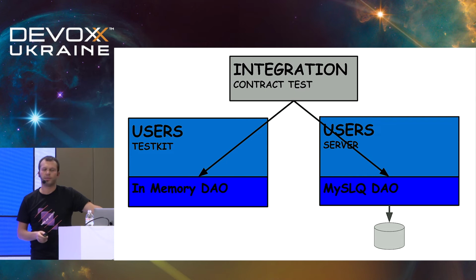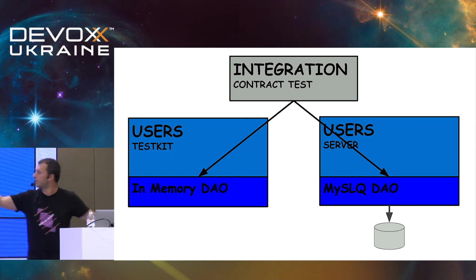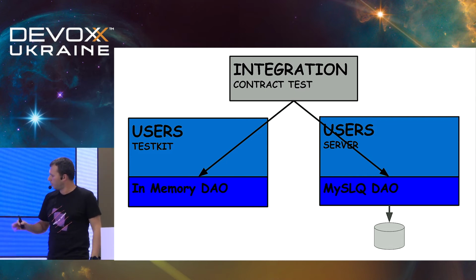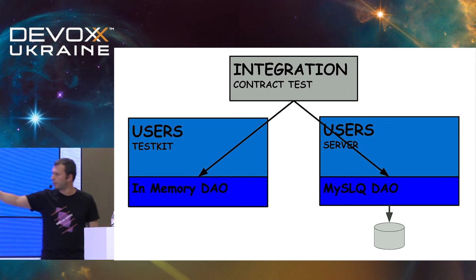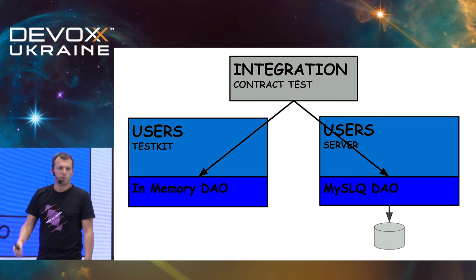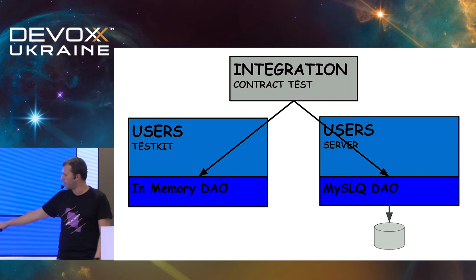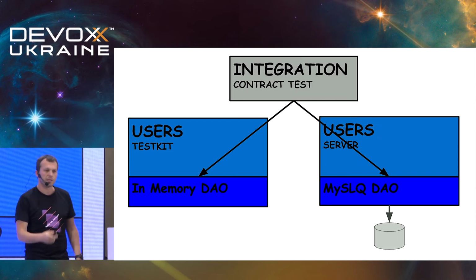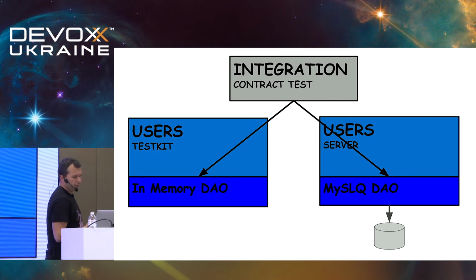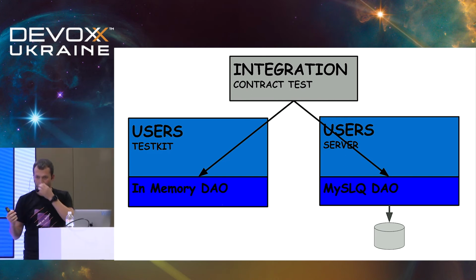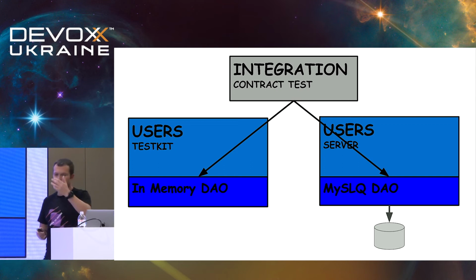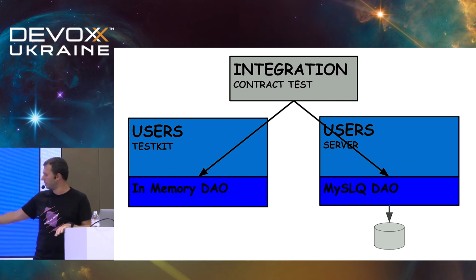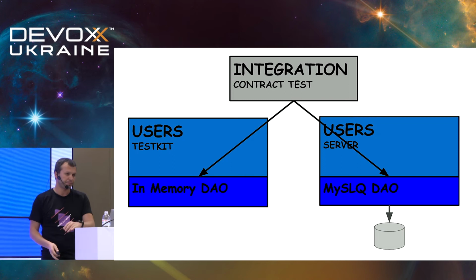So, for example, we have the user test kit and the user server. Here we have the MySQL DAO. Here we have the in-memory DAO. So we run the same test suite that we run against the MySQL DAO against the in-memory DAO. And this way, we make sure that they behave the same, that when we give the test kit out, it will work exactly the same way as the real server.